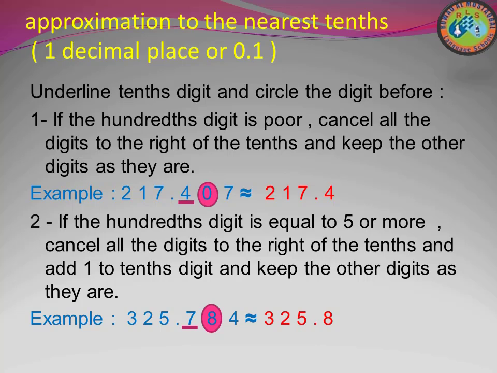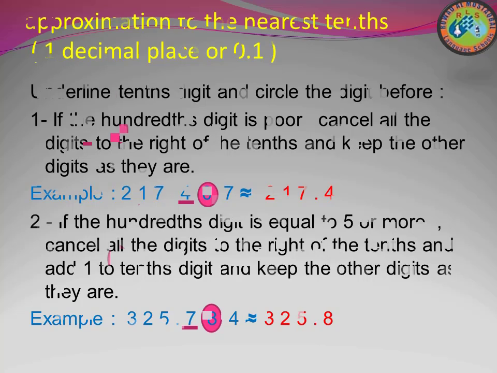Underline tenths and circle the digit before. The digit in the circle is rich, it's 8, so I will cancel all digits to the right of the tenths and add 1 to the underlined digit, so it's approximately equal 325 and 8 tenths.